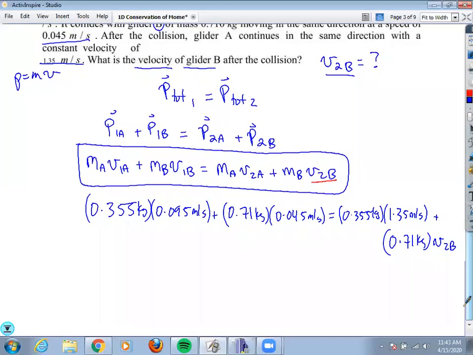Now this looks very busy and might be very scary, but it shouldn't be too bad because we can clean up the left-hand side. M times v, add them together. Then we will take m times v and subtract that over, and then we divide by the mass. So it really shouldn't be too busy.